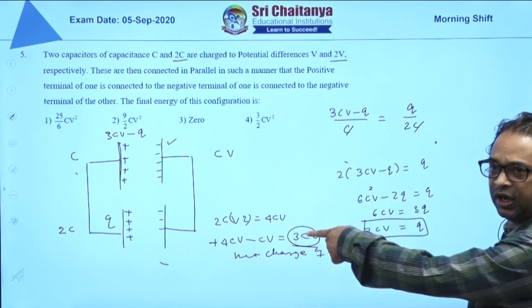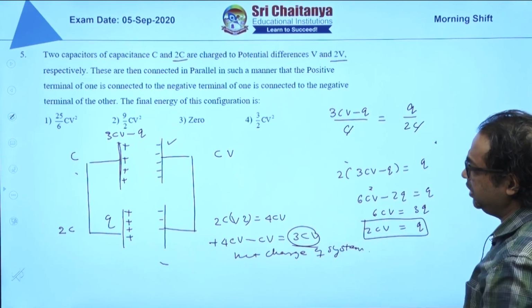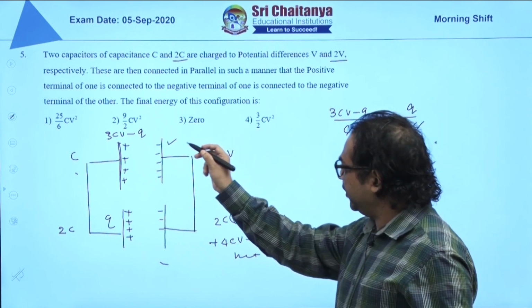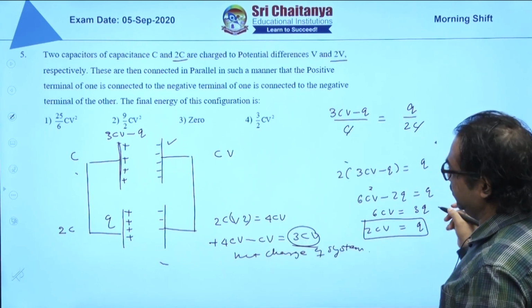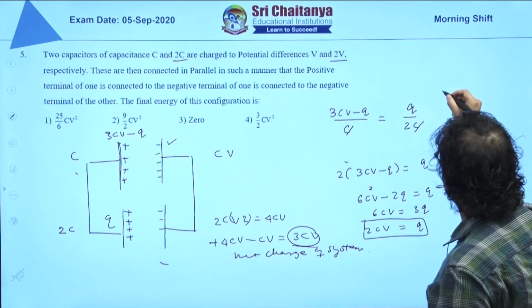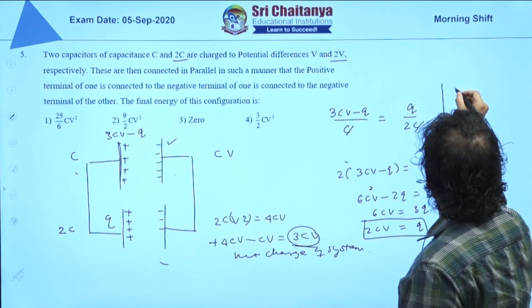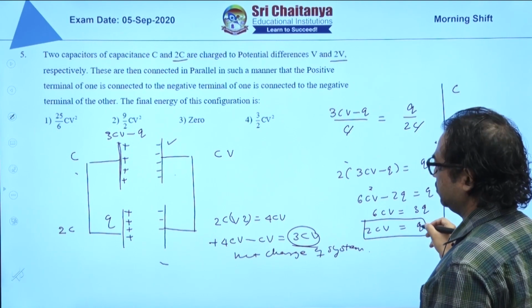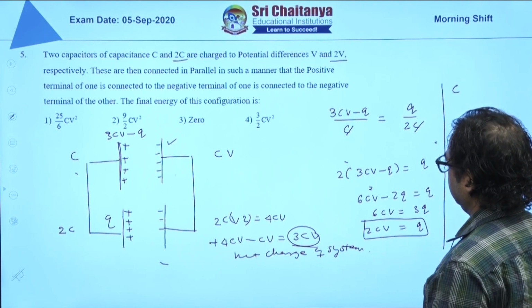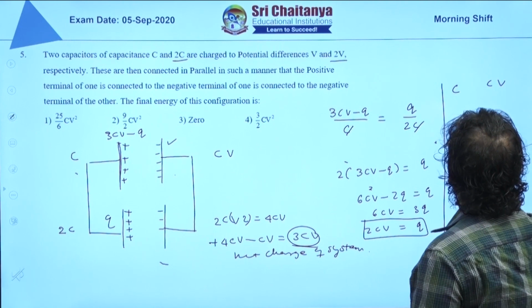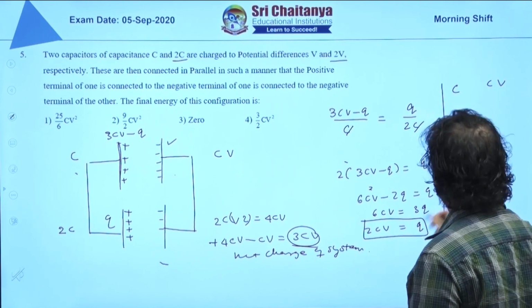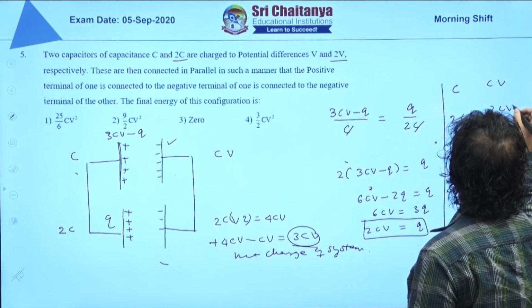One capacitor we are having 2CV and other is 3CV minus Q. So, we are getting CV. So, final charge we are getting, this capacitor C having a charge CV, and 2C it is having a charge 2CV. Fine.